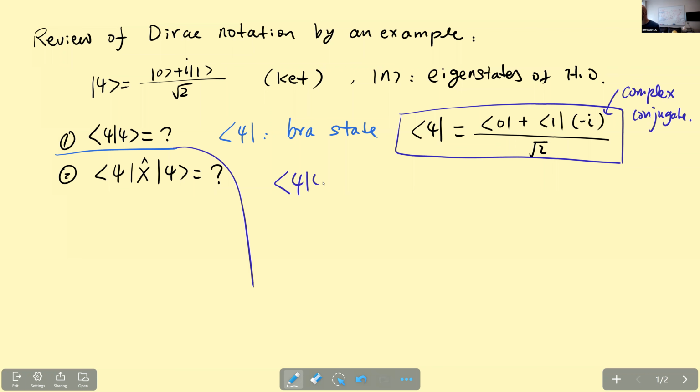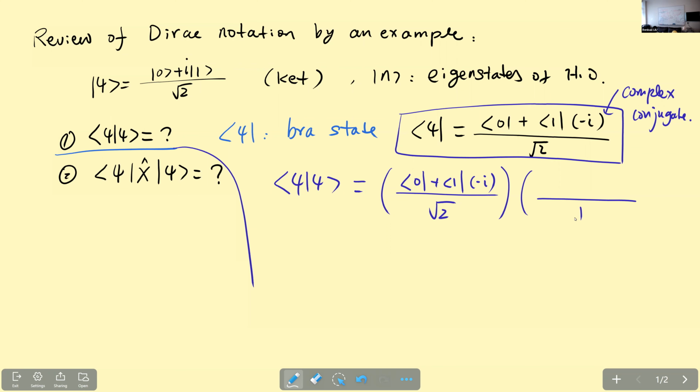So the inner product of psi with psi can now be written as a product of the bra and the ket state.